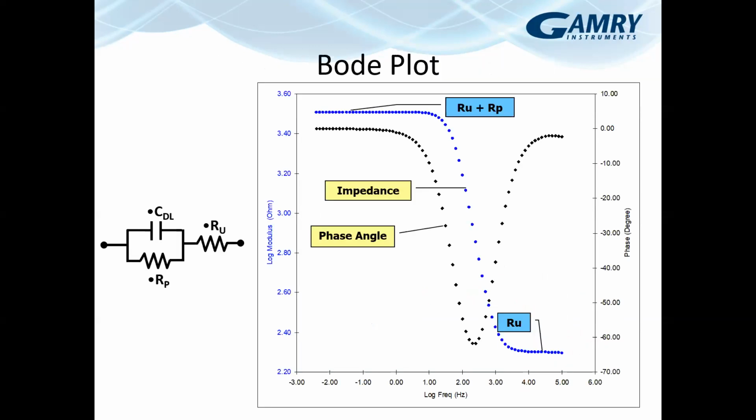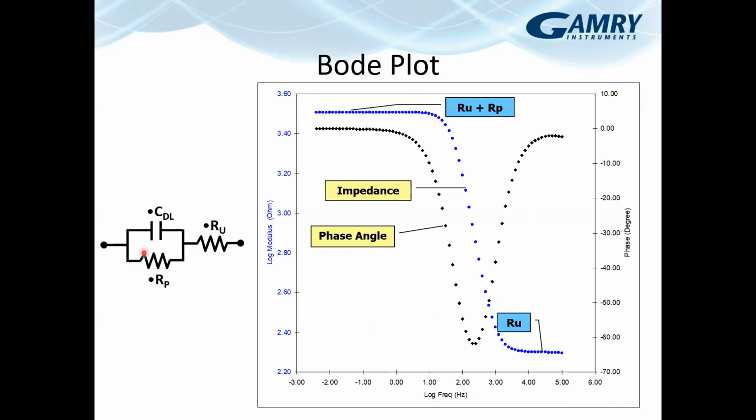So this is the Bode plot we saw before. Now we actually have a model that describes this Bode plot, and we can take a look at how the response is at different frequencies. So this is log frequency down here. At very high frequencies, this capacitor has effectively no impedance.